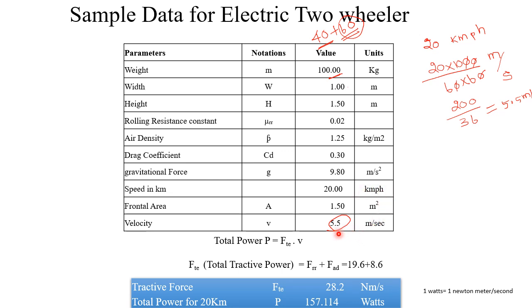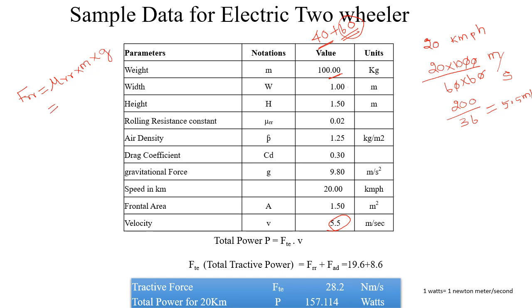Right. So let's calculate the total tractive force. In order to calculate the total tractive force, first you have to calculate the rolling resistance force. So we have to calculate F rolling resistance, which is equal to mu rr multiplied by mass multiplied by acceleration due to gravity.